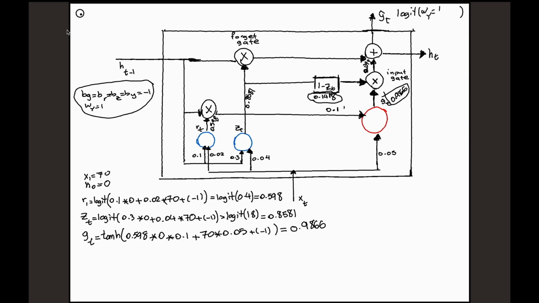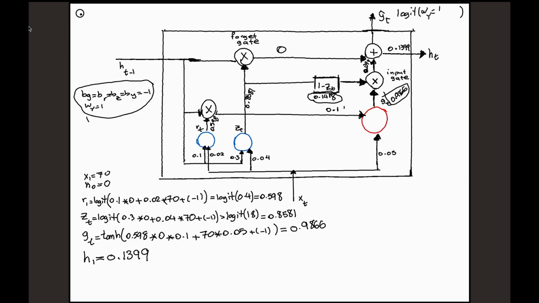And then, since 0 is input, 0 times any number is 0. So from that forget gate, 0 comes in. So 0 should be added to 0.1399. So here we have 0.1399 that will be outputted. So H1, the hidden state that goes to the next round, is 0.1399.